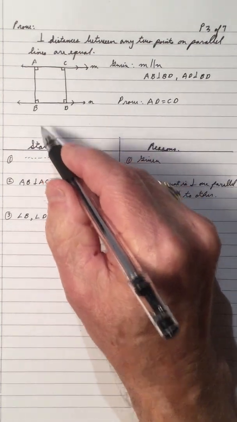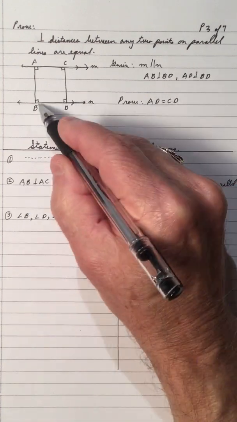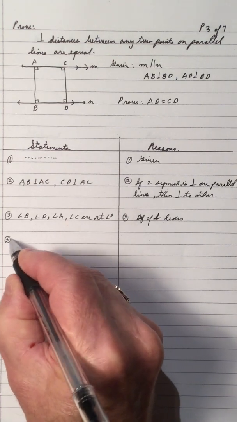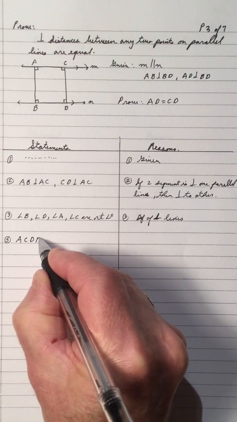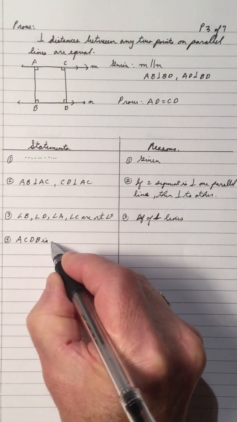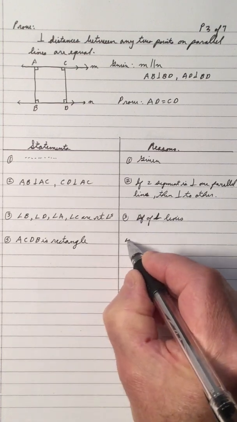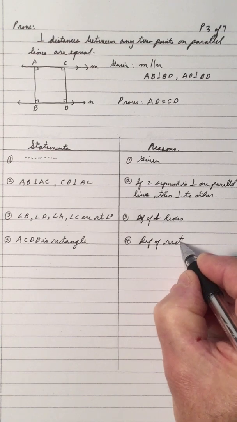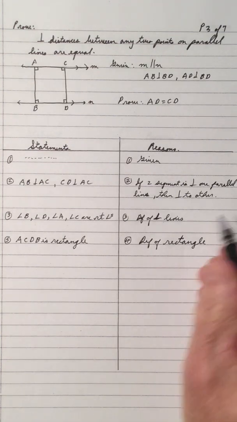Because if we have the lines perpendicular, which we do here and here, here and here, that means that all these angles are right angles. That means that A, C, D, B is a rectangle. And that's the definition of a rectangle, which means that we have four 90-degree angles.